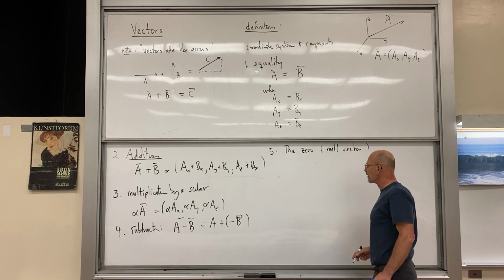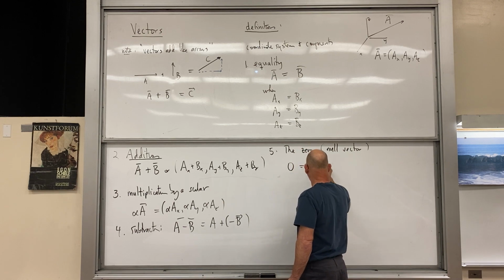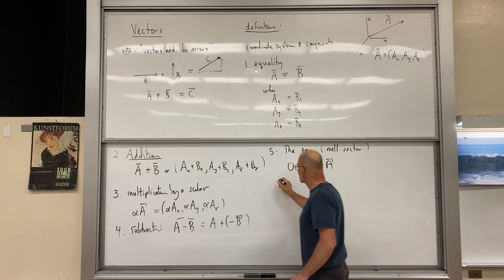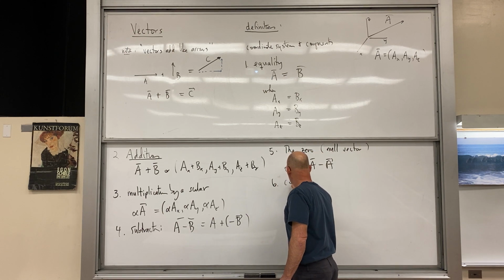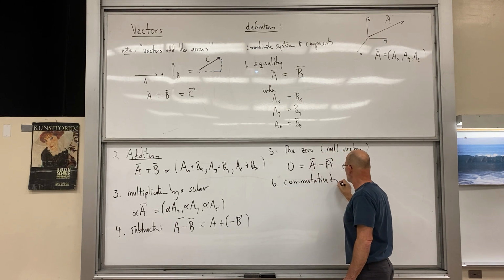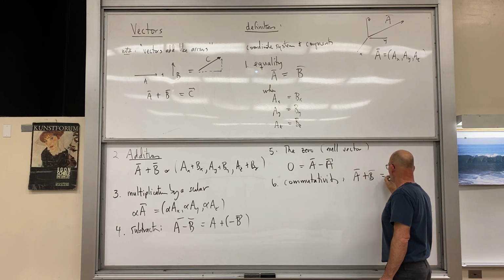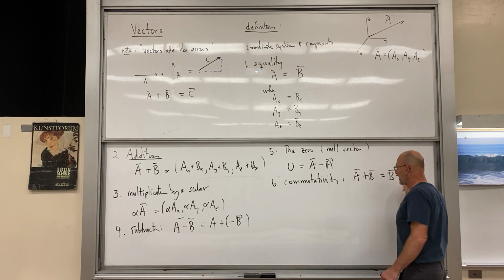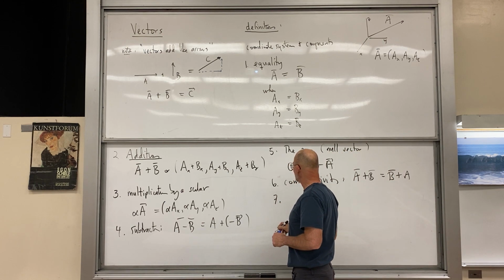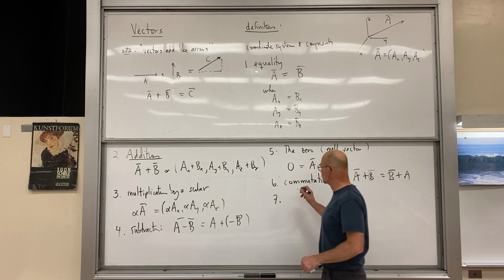We don't have to put an arrow over the 0, but 0 is equal to A minus A. And now we can talk about the commutative law and the associative law. Commutativity, A plus B equals B plus A. And then the associative law that you've seen before. And then the distributive law.